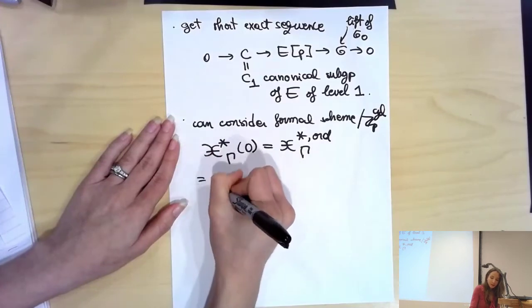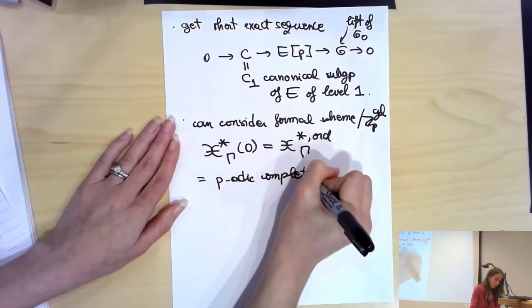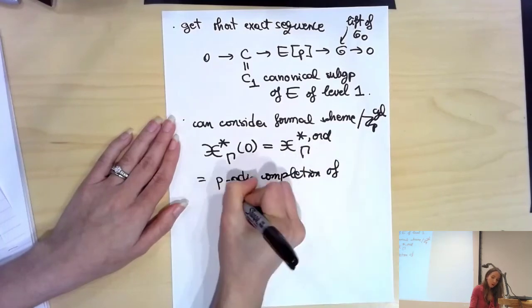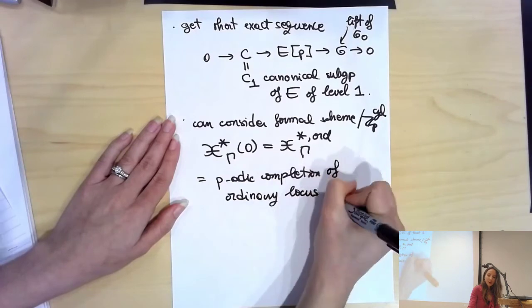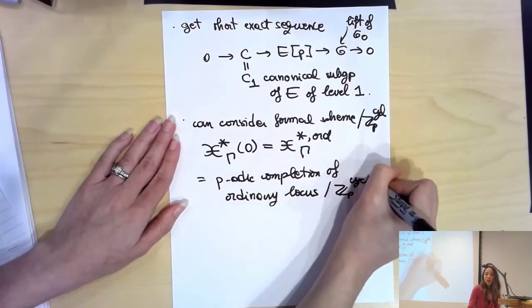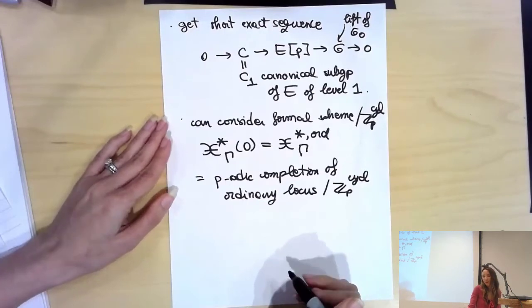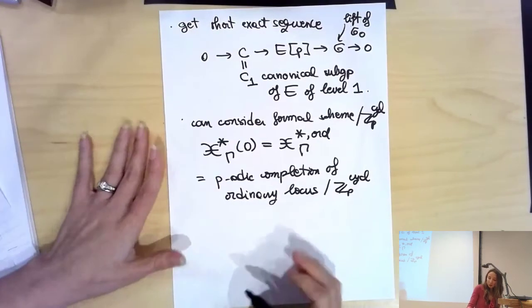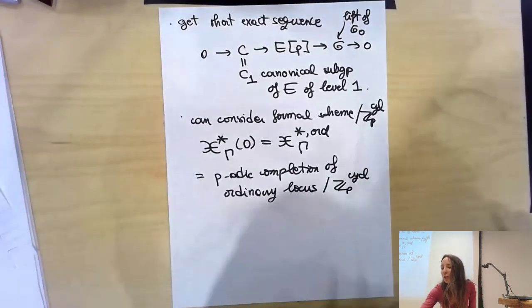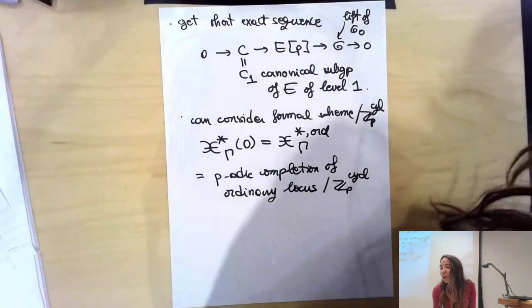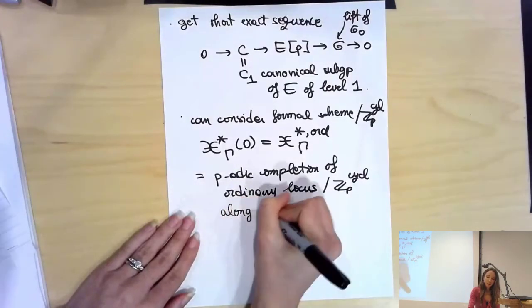More precisely, it's the p-adic completion of the ordinary locus as a scheme over ZP cyclotomic, which you can define by taking the open subscheme in your integral model of the modular curve where the dimension of the p torsion is greater than or equal to 1 along the special fiber.